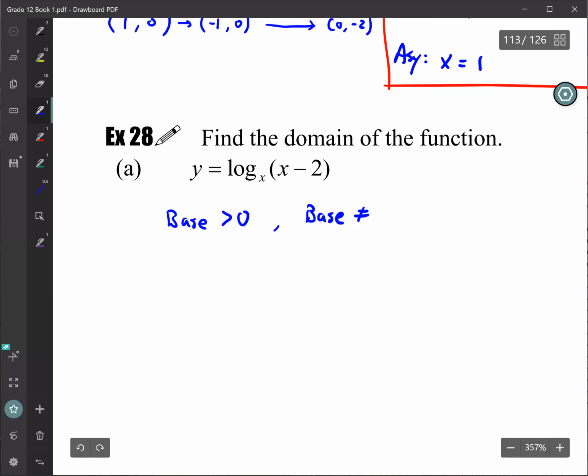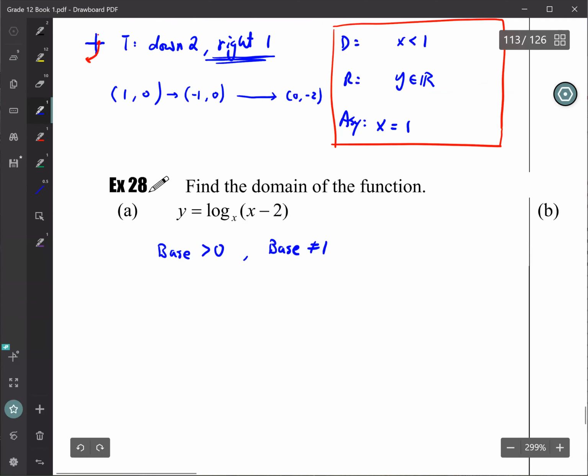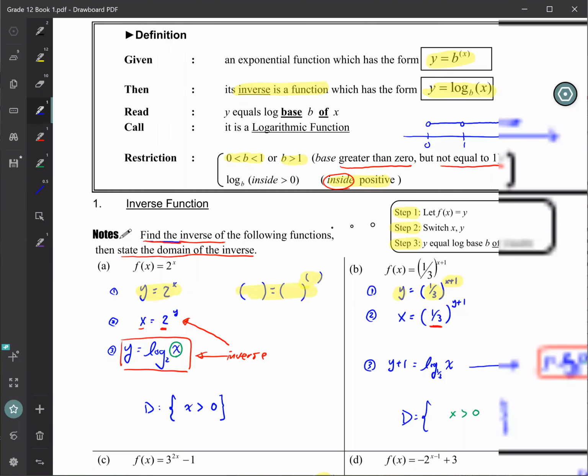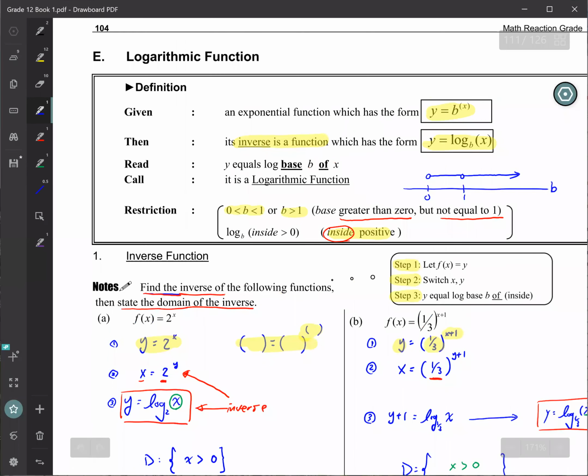Okay, so this one came from, if you couldn't find it, up here, page 104. Base between 0 and 1, base greater than 1, means increasing and decreasing. But a better way to say the same thing is just to say the base has to be bigger than 0, and we skip 1.